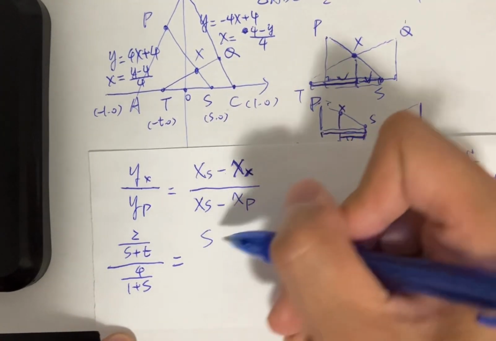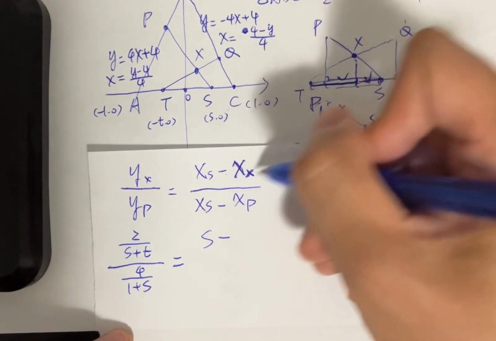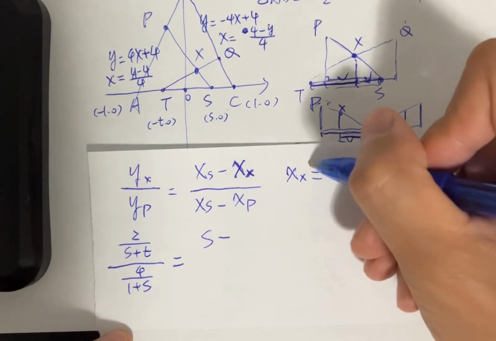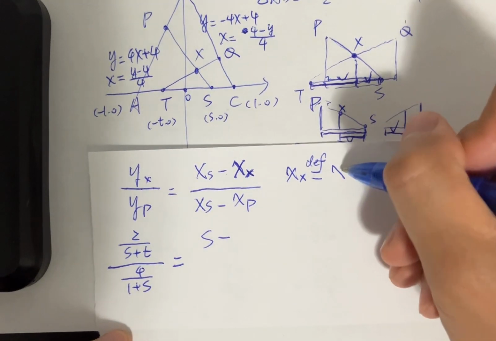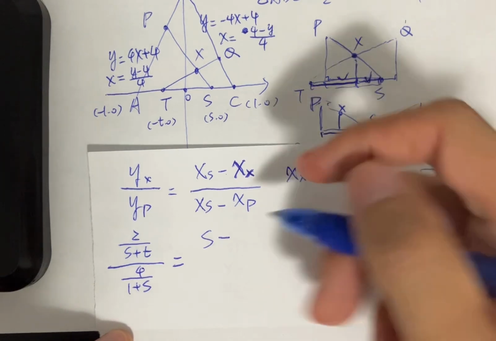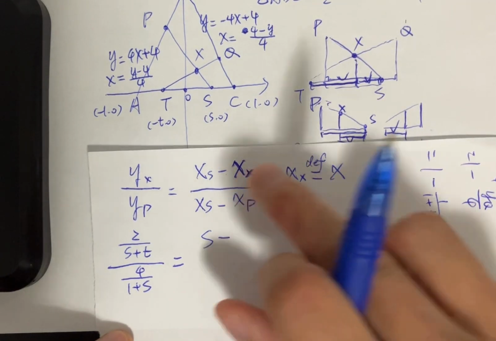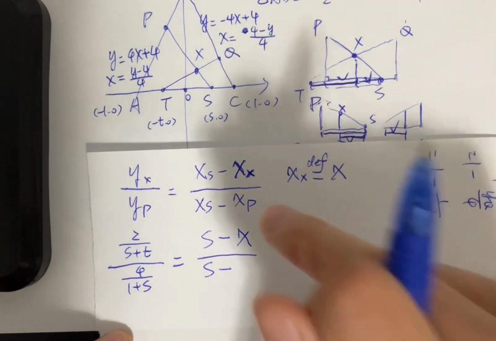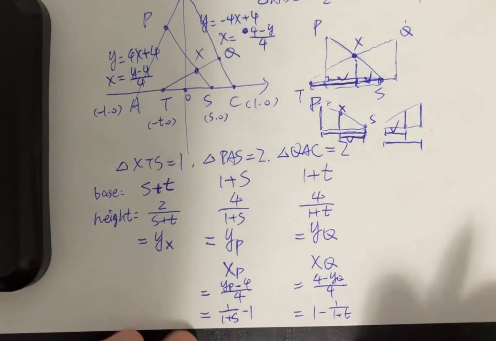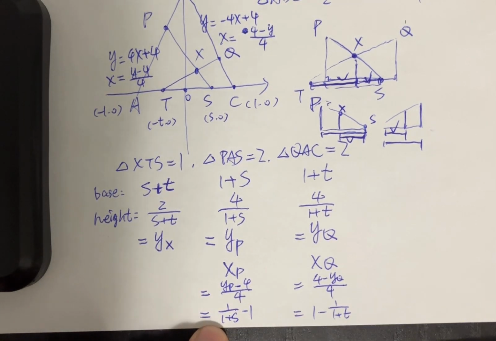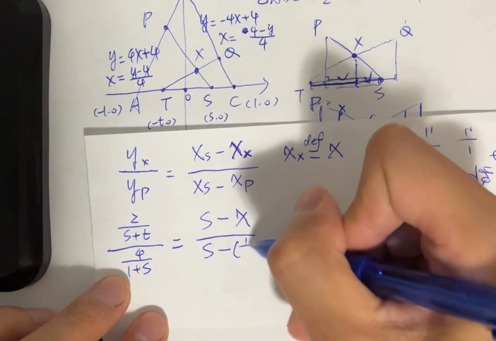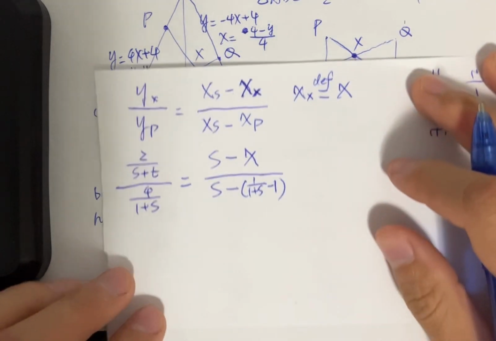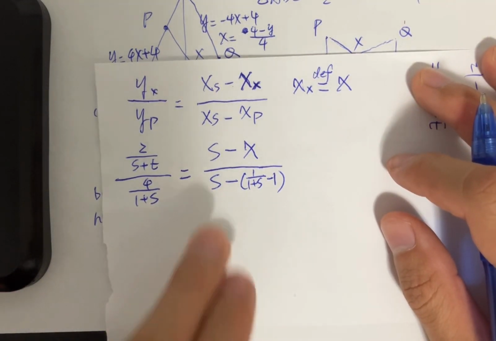Easily S. XX we do not know, but let's denote it by X, so X stands for XX. On the bottom, X minus XP, which is what we took pains to look for. Let's use a bracket. Maybe I should have simplified it, but it doesn't make much difference.